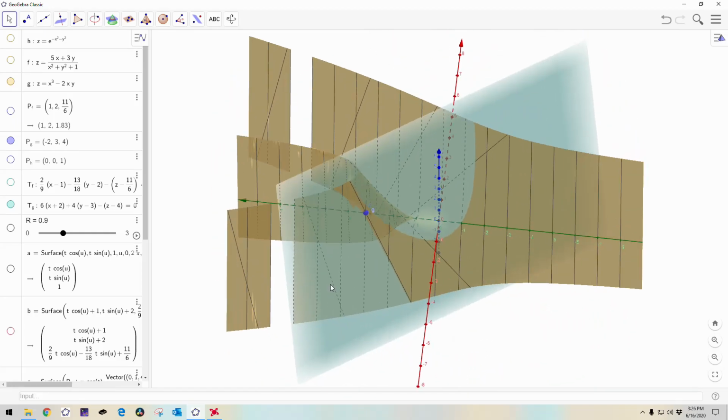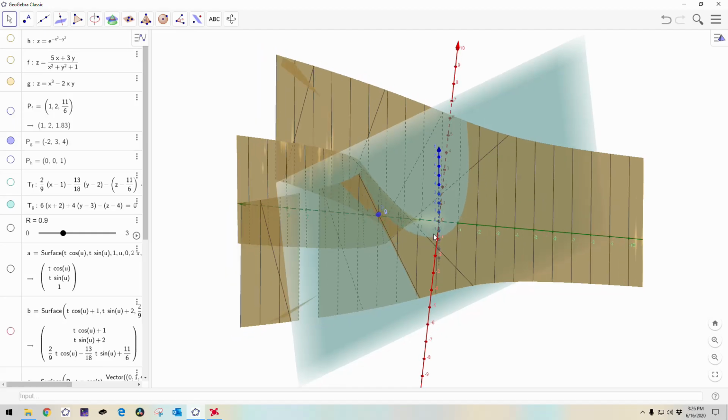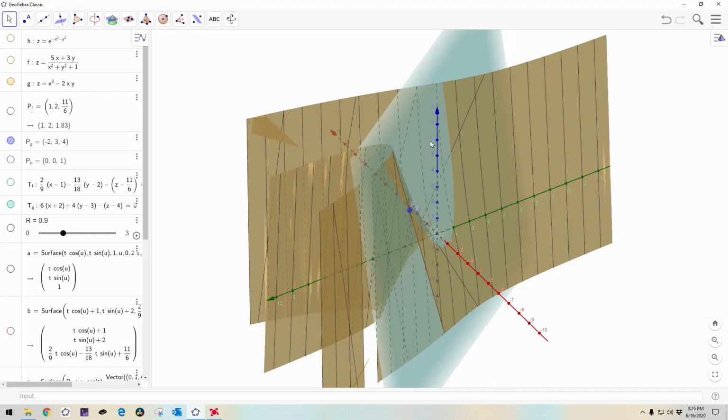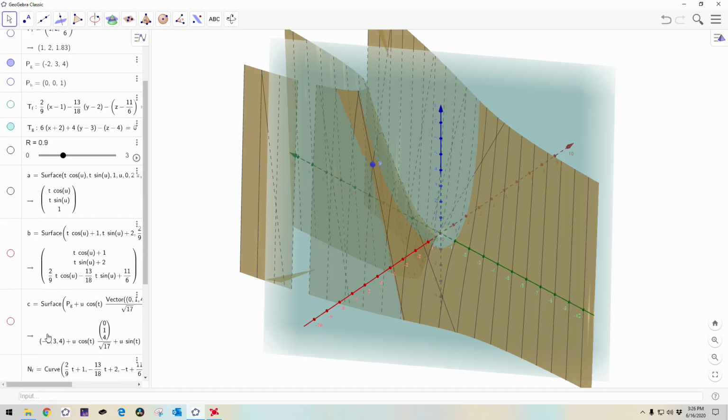And again, we're not as interested in the whole plane, because look, the plane intersects the graph in other places. You can actually see the plane going through other parts of the function. And we're really only wanting it to be just the tangent plane here at the point. So then I would probably be interested in it more like this.